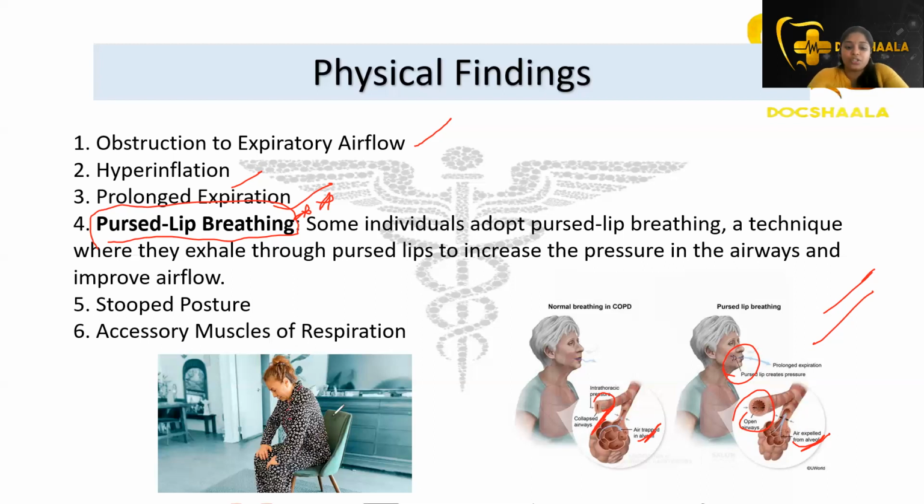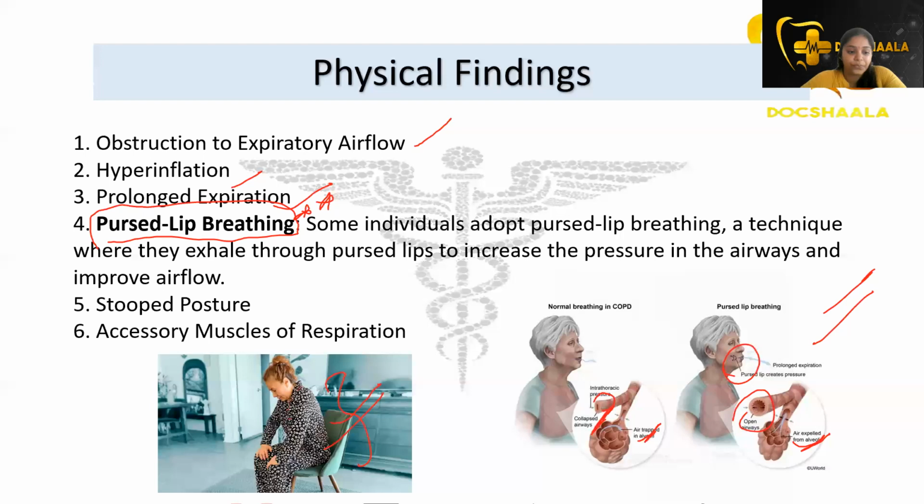Then stooped posture. Since they are not able to have enough oxygen, sometimes the patient sits or stands in a stooped posture to increase the airflow. Then accessory muscles of respiration.